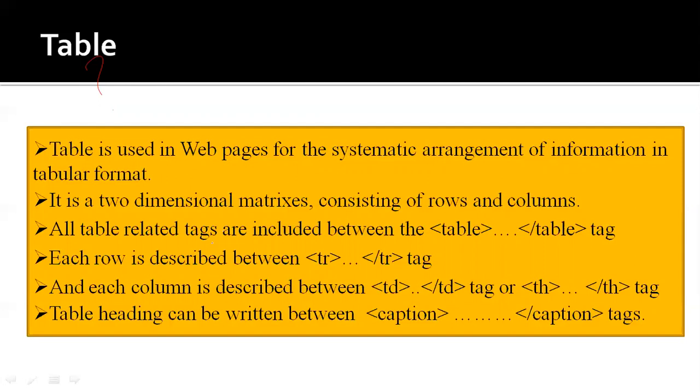All the table-related tags are included between the table tag, and each row is described in between TR tag, and column is described in between TD tag or TH tag that I'll discuss again. Then table heading can be written in between the caption tag.